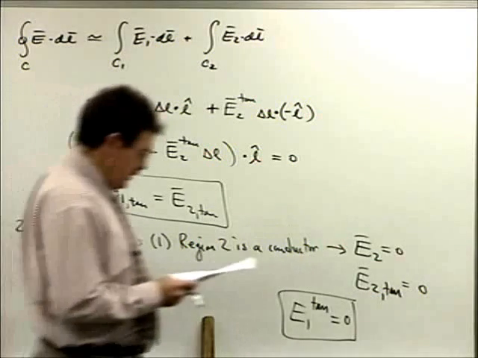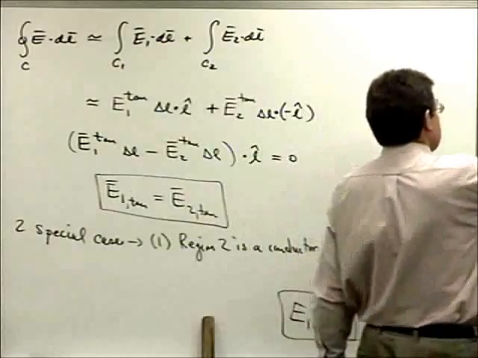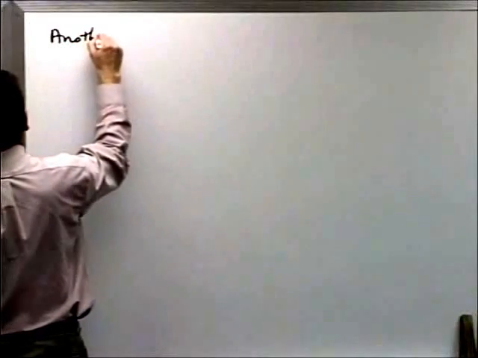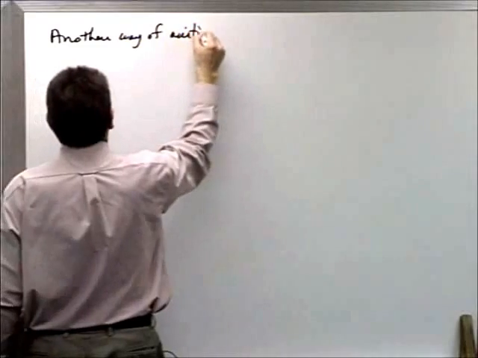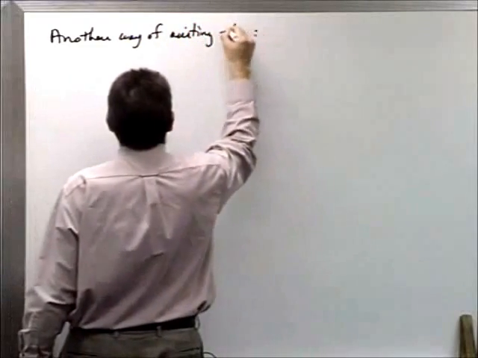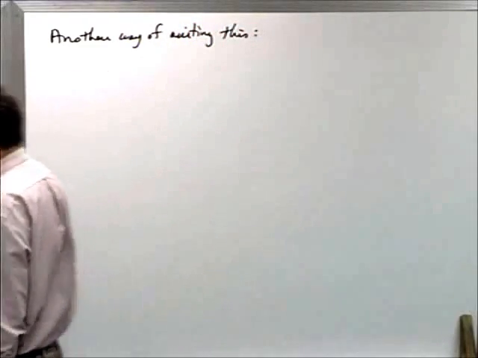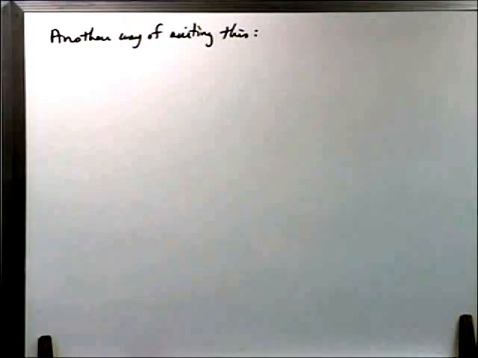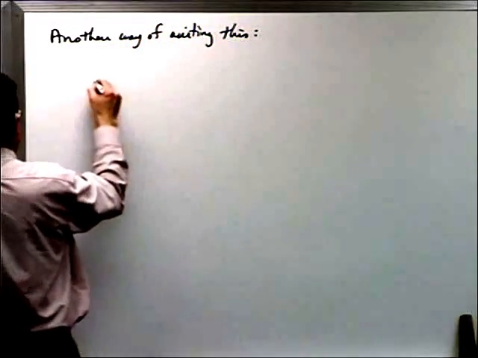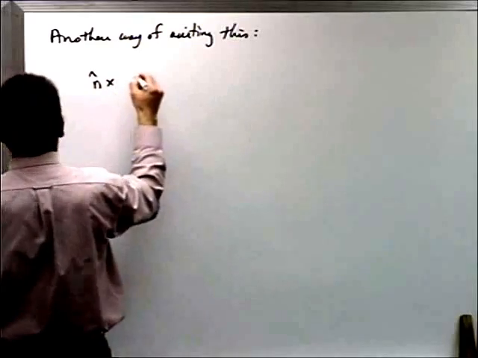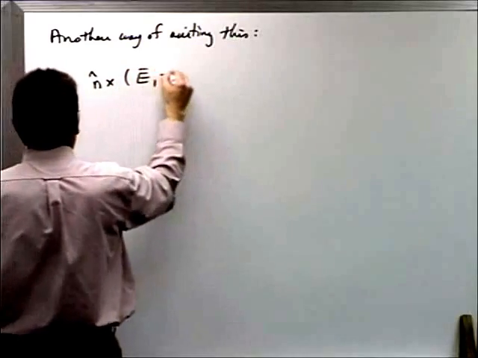Now, there's other ways of writing this. Another way of writing this is to say, let's define a normal vector to the interface here, and I'll define it so it's pointing into region 1. Then another way of writing this is to say that n cross E1 minus E2.